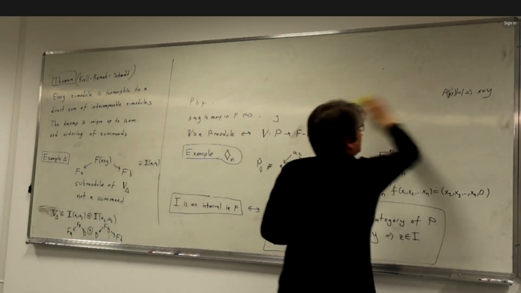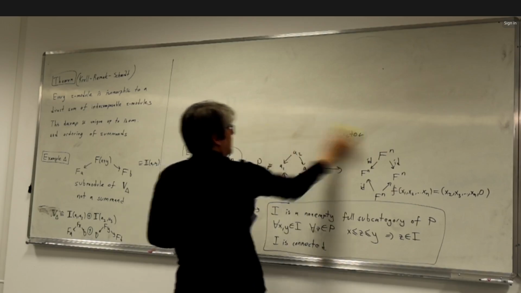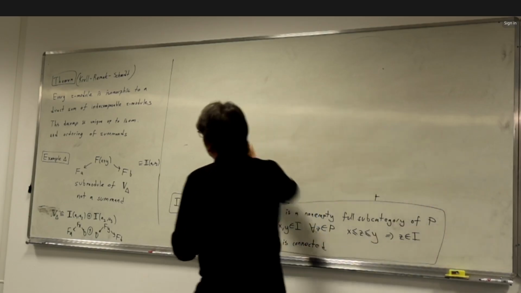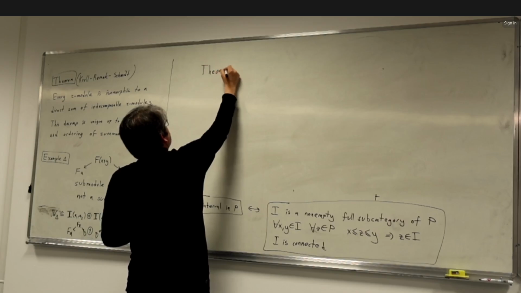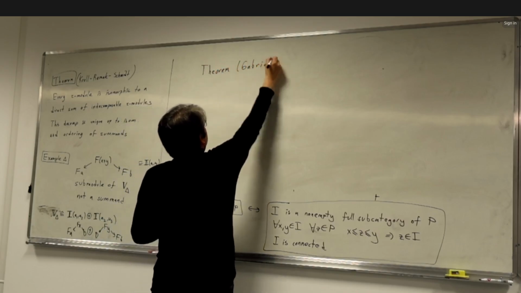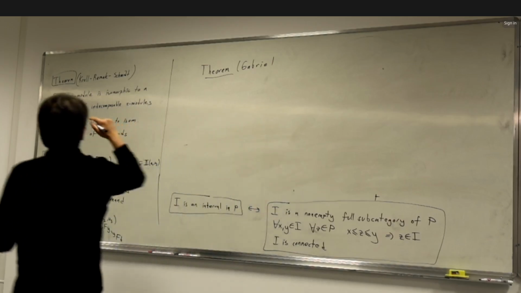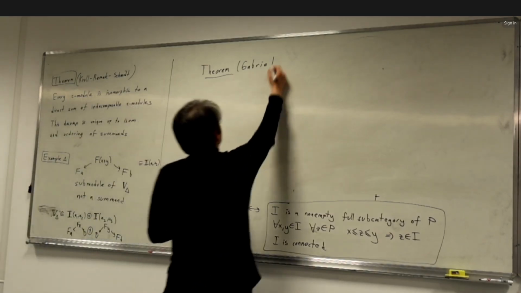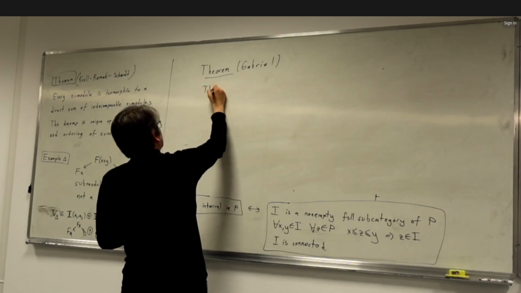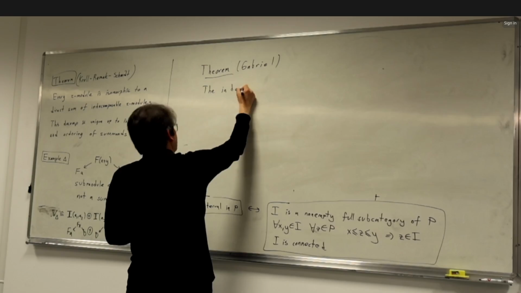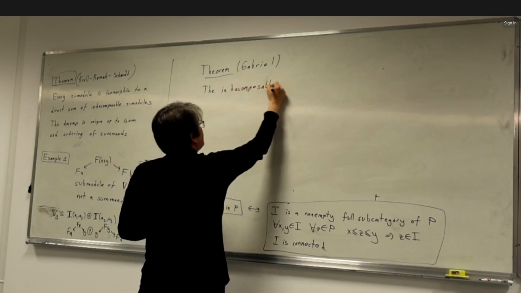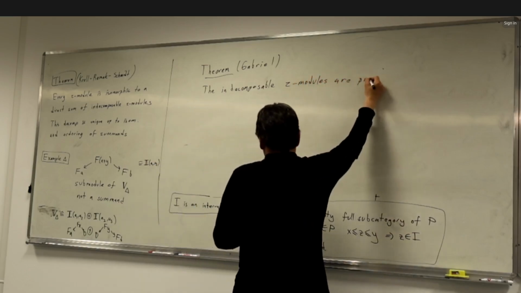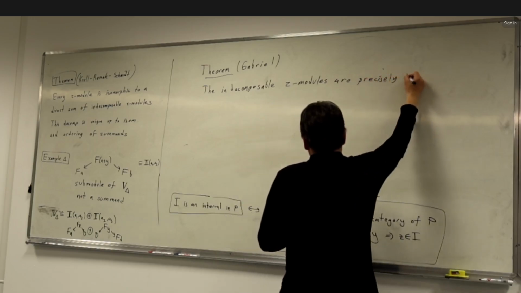And now the theorem of Gabriel will say that indecomposable tau modules are exactly these interval modules. So the indecomposable tau modules are precisely the interval modules.